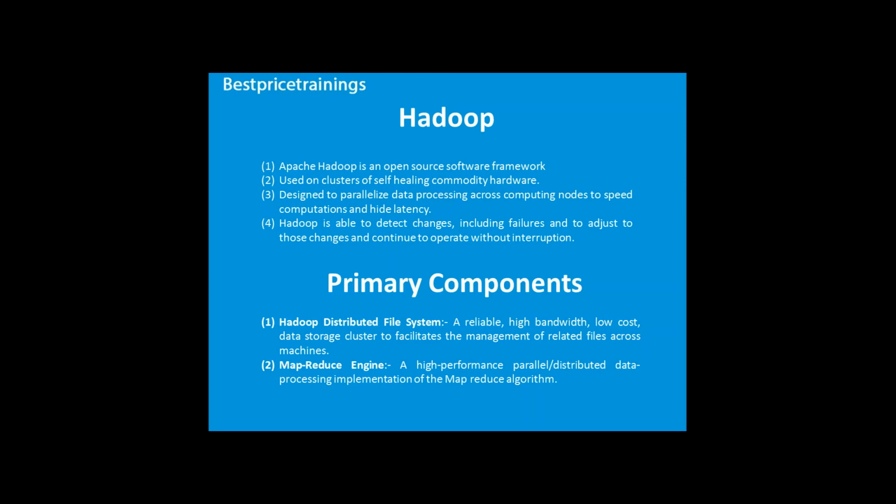Always remember that MapReduce is not at all a new programming language, but a programming methodology. You can realize MapReduce using any programming language like Java, C++, C Sharp, or something like that.